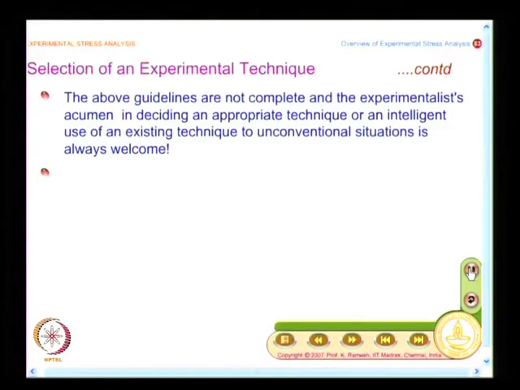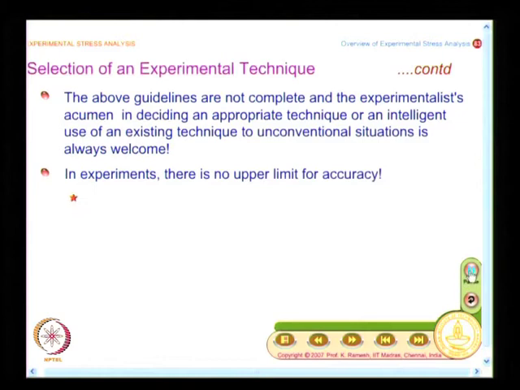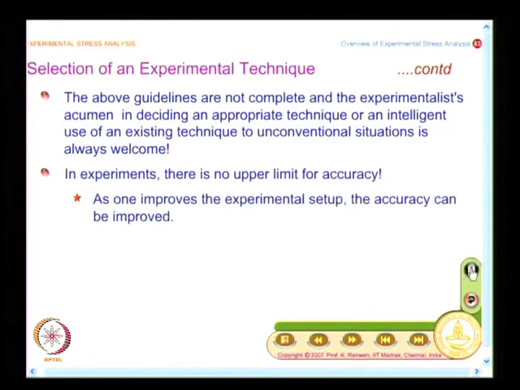And another issue is, what is the level of accuracy that you can expect in experiments, and you have to understand there is no upper limit for accuracy. You can keep improving the accuracy in an experimental technique. You may start with a simpler rig and you make some measurements, and once you understand the scenario, you may want to improve it as much as possible.